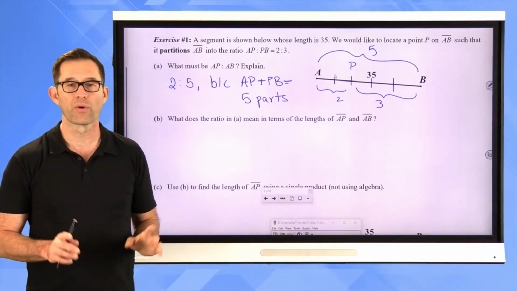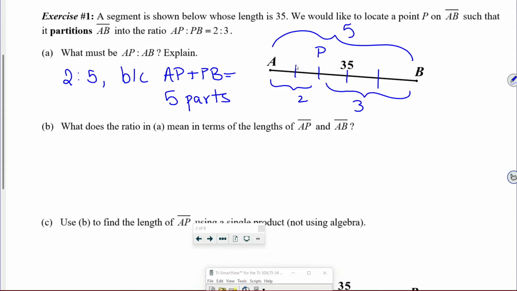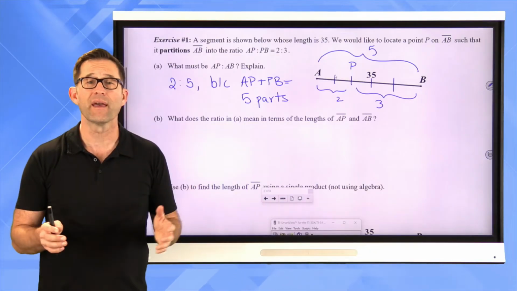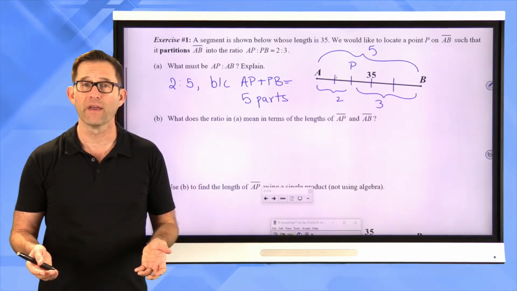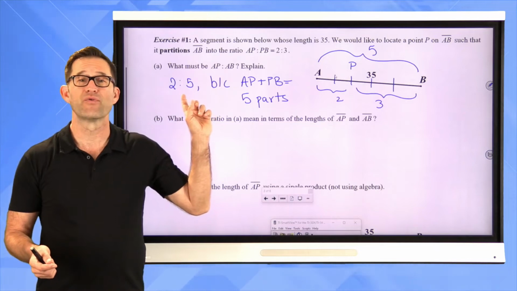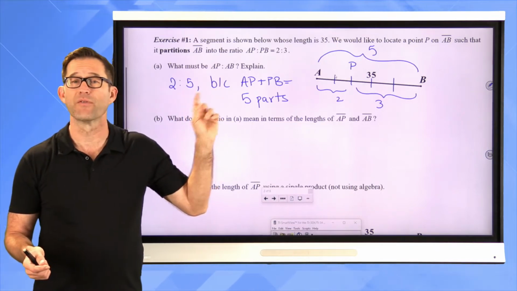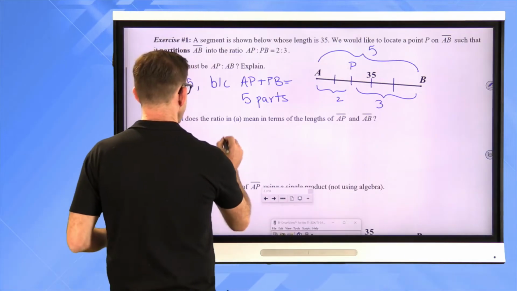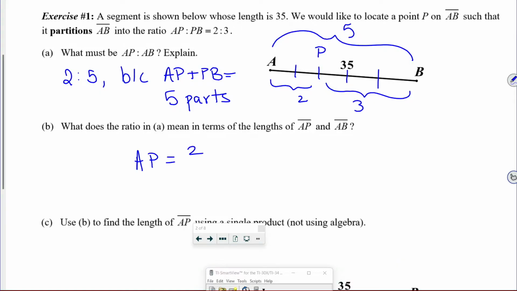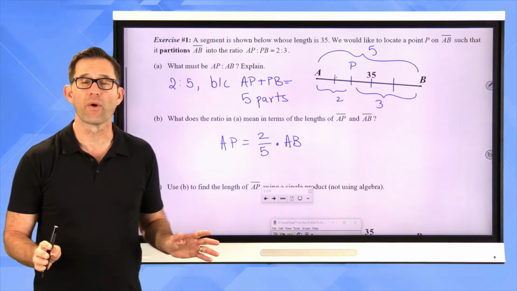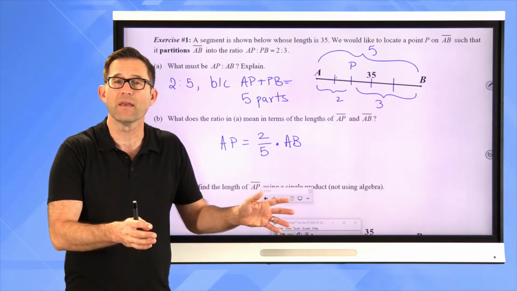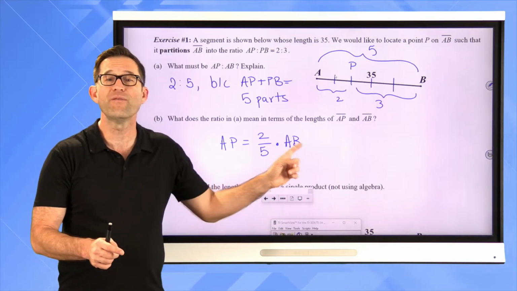Now, also a very important letter B. What does the ratio in A mean in terms of the lengths of AP and AB? Well, this really gets into what fractions are all about, right? If AP is worth 2 parts and the entire segment is worth 5 parts, then what this tells me is that AP is equal to 2/5 times AB. That is absolutely critical, right? Because what 2/5 of AB means is 2 1/5s of AB.